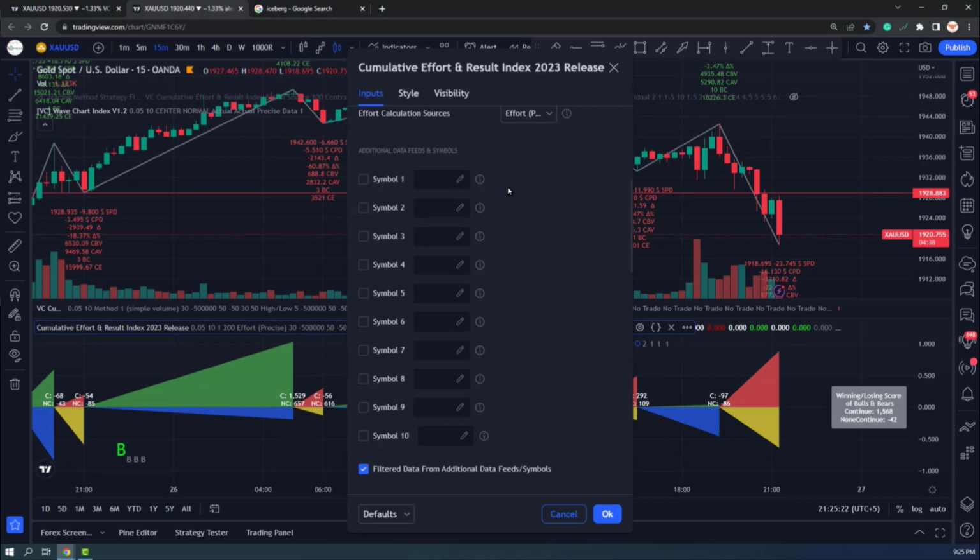In this way, you will not be relying only on a single data source from a single exchange. Actually, you will be accumulating and averaging all the data of that specific pair from multiple exchanges.